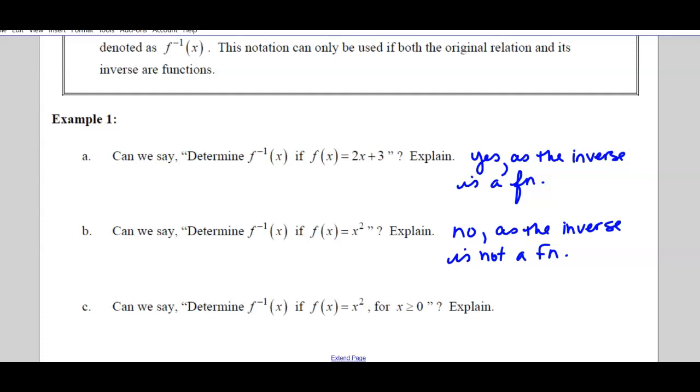So C is okay. Determine f inverse of x. If f of x equals x squared for x greater than or equal to 0, then yes, as the inverse will be a function. Right, because of that.